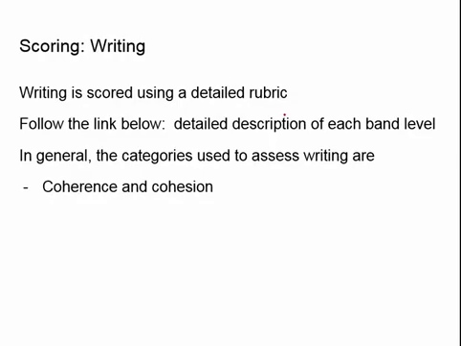Coherence is all about how the ideas fit together, so one idea leads to the next, and it's very easy to follow what you're saying. And cohesion is about how you use words like pronouns, or transition words like for example, for instance, things like that, to hold your writing together.